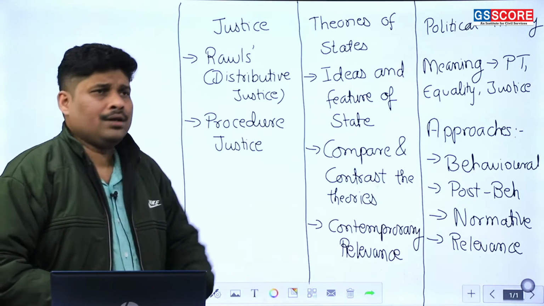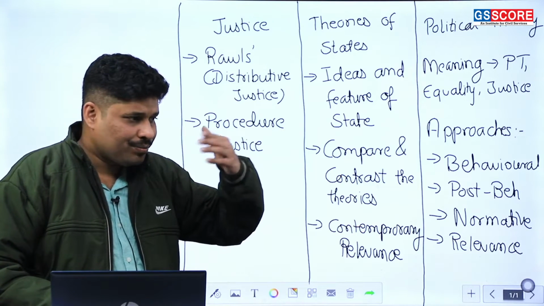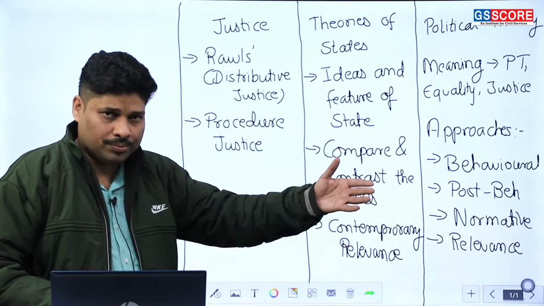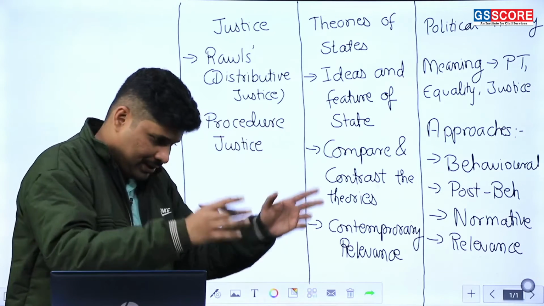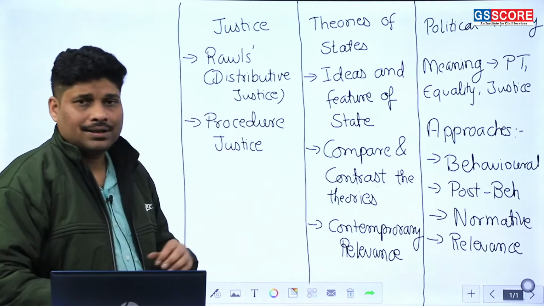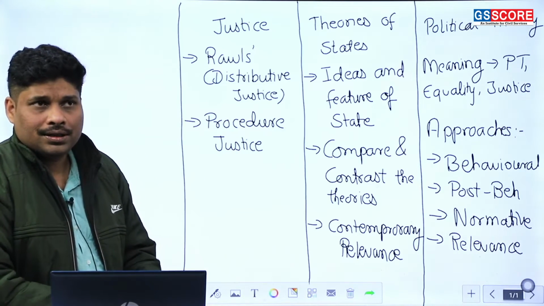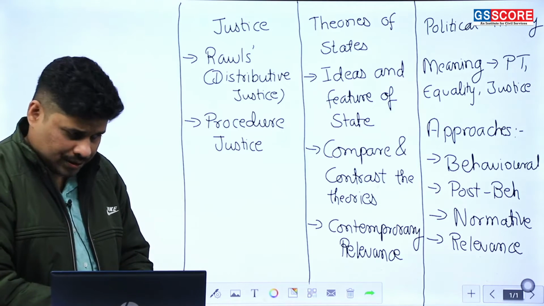Obviously with it also comes substantive justice. Can distributive justice be fulfilled through procedural justice? What is the idea of substantive justice? All this detailing we will look into. But these are the concepts that UPSC will want you to know.